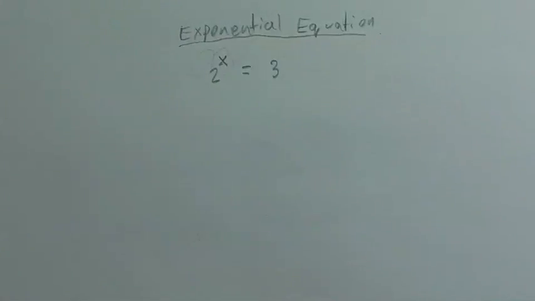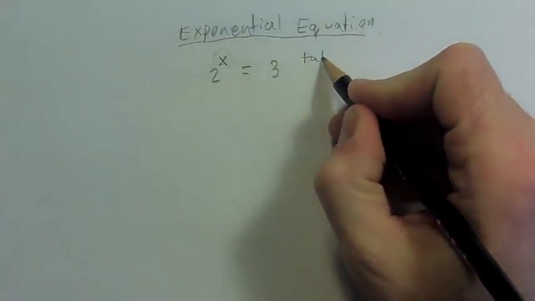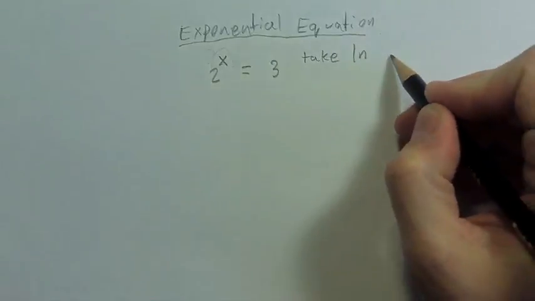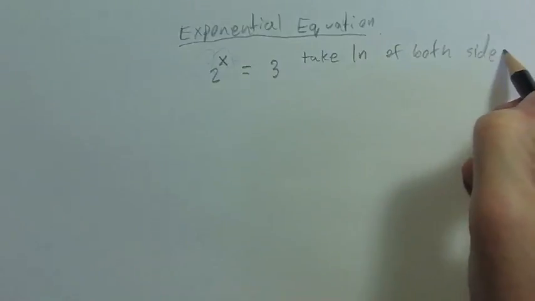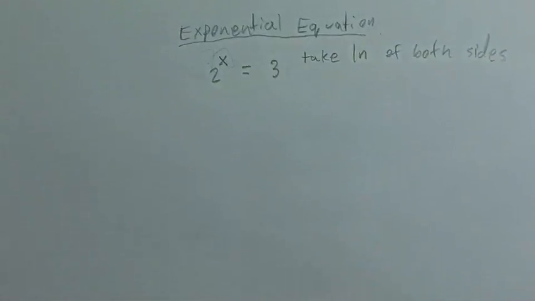So what we're going to do is take the natural log of both sides. The reason we use natural log is partly because it's on our calculator, partly because the natural log is our most important log. We could also use log base 10 if we wanted to, but MyLabs Plus even specifies to use natural logs for everything.